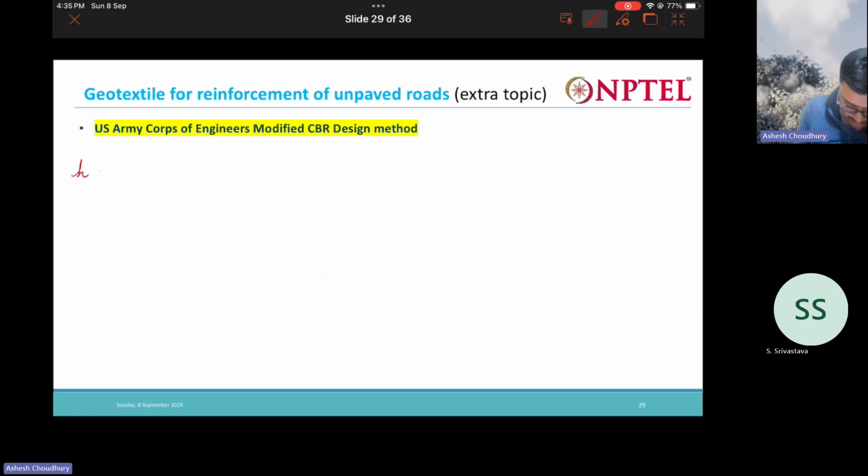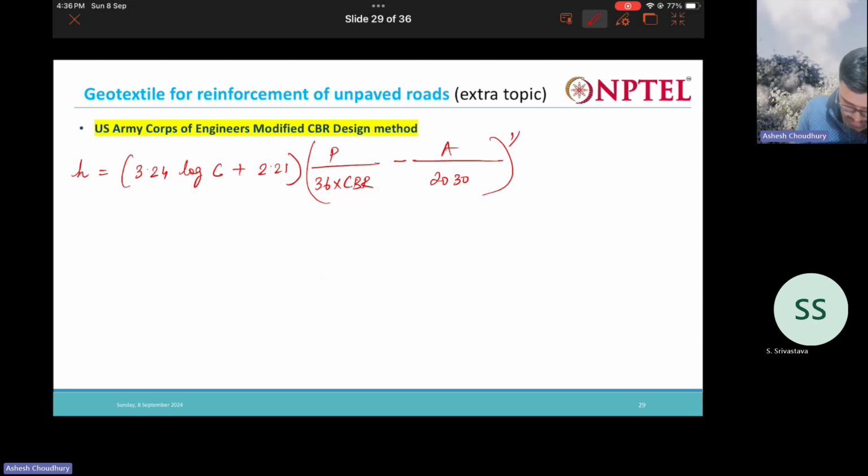So h is given as, and let me define the terms for you. h is the aggregate thickness in mm.